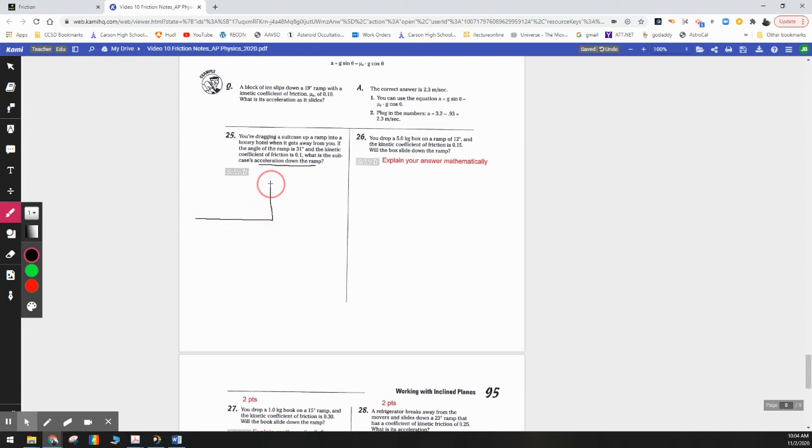Let's make an incline plane here, and here we have this box. This time the motion is going to be down the ramp, and here's theta, which is 31 degrees. When it moves down the ramp, let's identify all the forces acting.